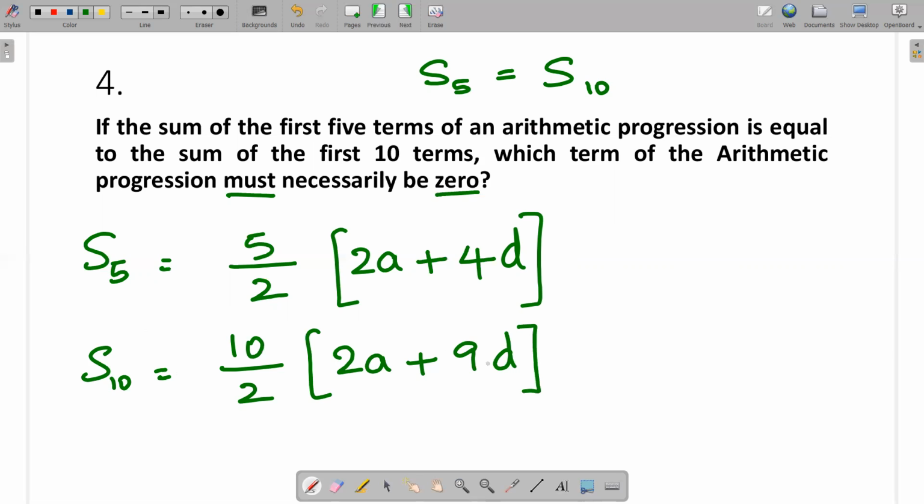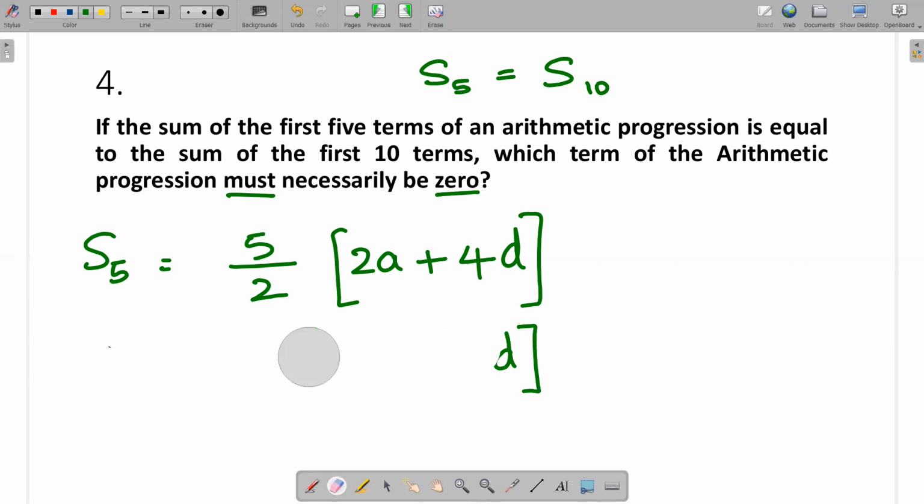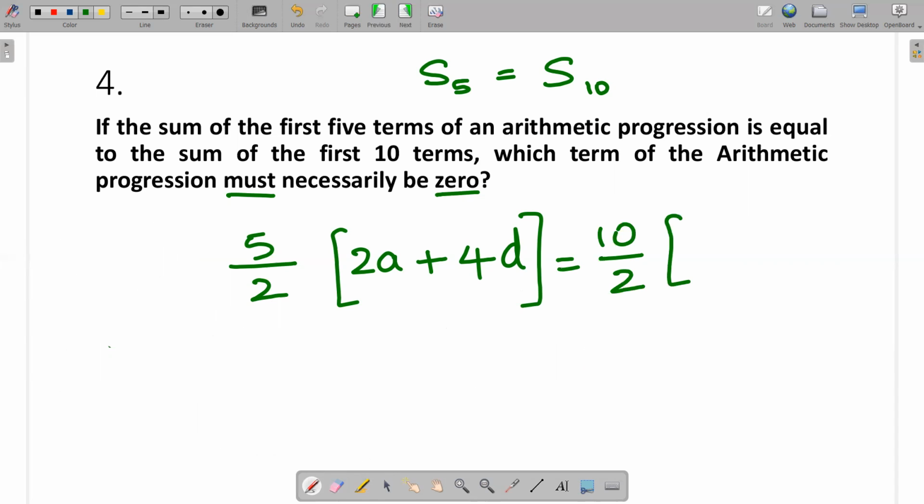In the question, it is given that S5 and S10 are equal, which means I am going to equate these two together. So I have 5 by 2 into (2a plus 4d) equal to 10 by 2 into (2a plus 9d).